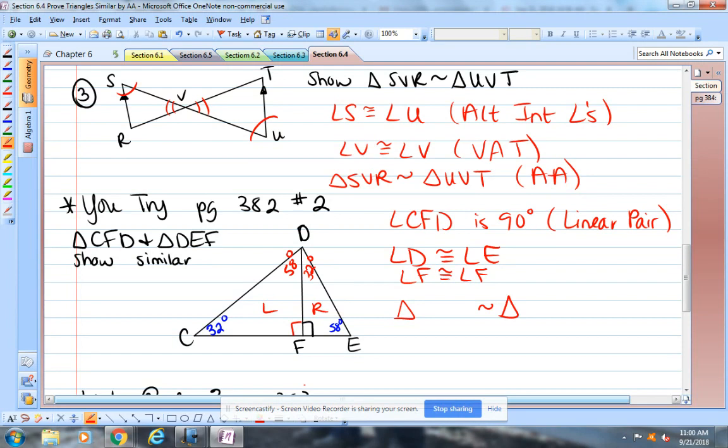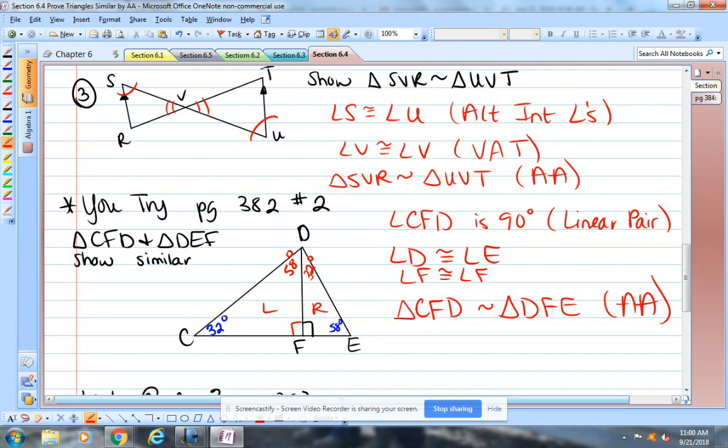So let's just start with C. So C in the left-hand triangle is congruent to what angle in the second triangle? D. And then F and F are both 90, so you can say they're beside each other. And then angle D in the first triangle is congruent to which one in the second one? E, because they're both 58. And that angle, angle postulate told me that those two triangles are similar.